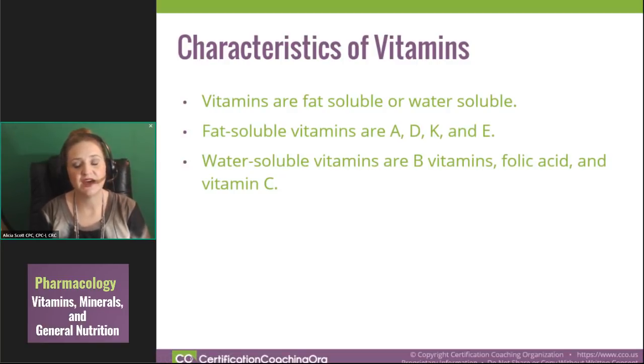Some characteristics of the vitamins is that there are 2 ways they're soluble. They're fat soluble and water soluble. I mentioned that at the beginning, and we'll discuss which ones are water soluble and which ones are fat soluble. The main difference is that anything that is water soluble will dissolve faster and get into the system at a higher rate than if it's fat soluble.